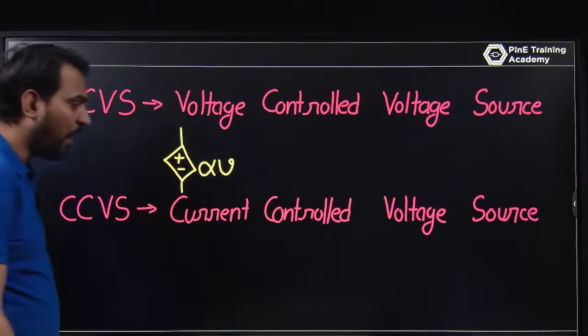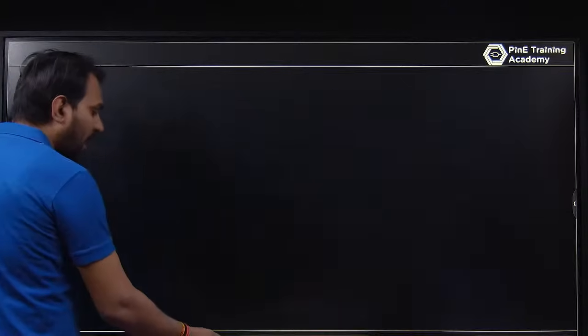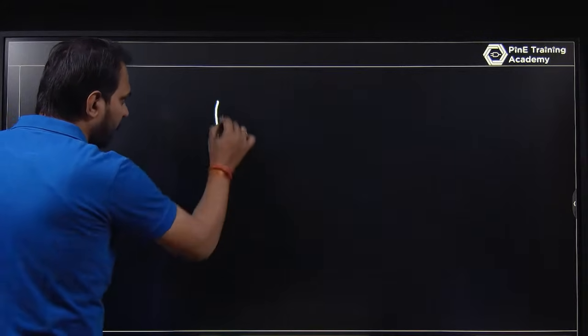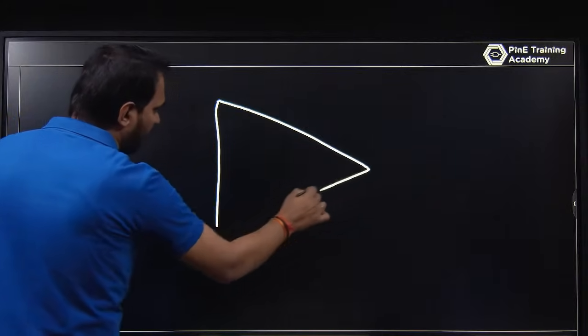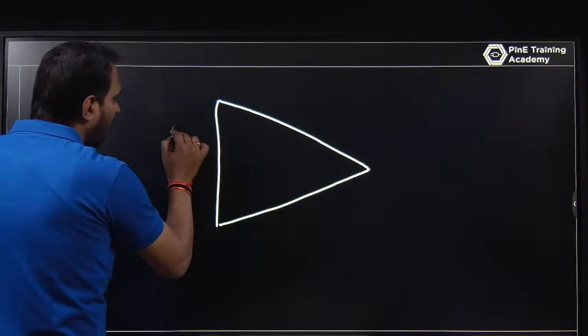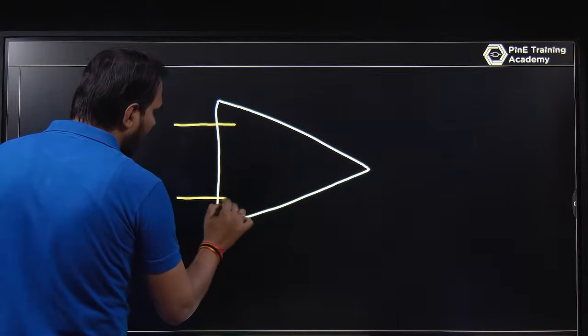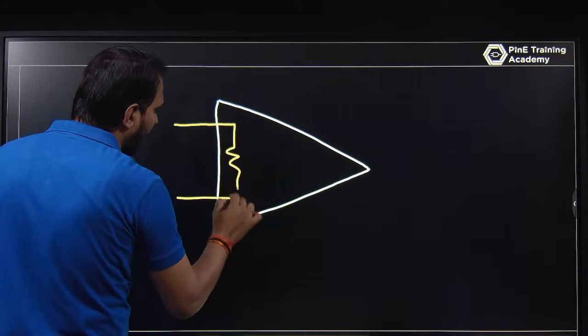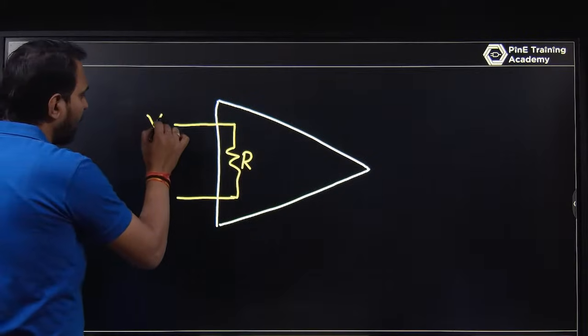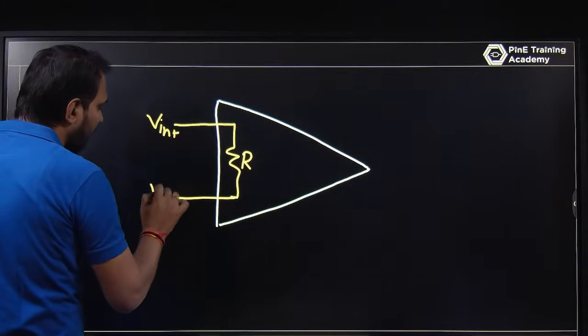If you know the op amp, the internal architecture of the op amp is like this. We are providing the input voltage, and we have an input resistance, and let this be V in plus and V in minus.